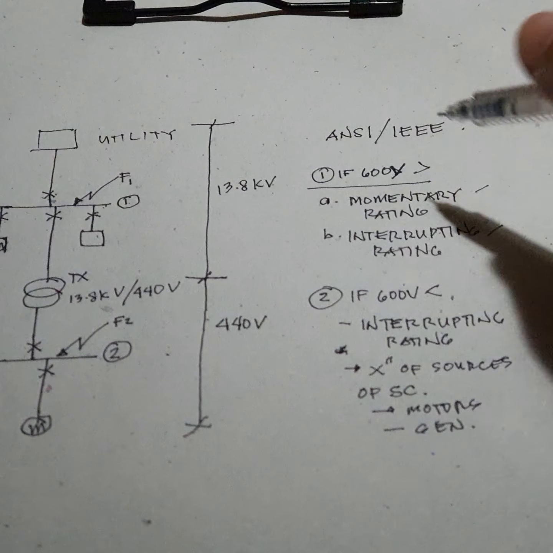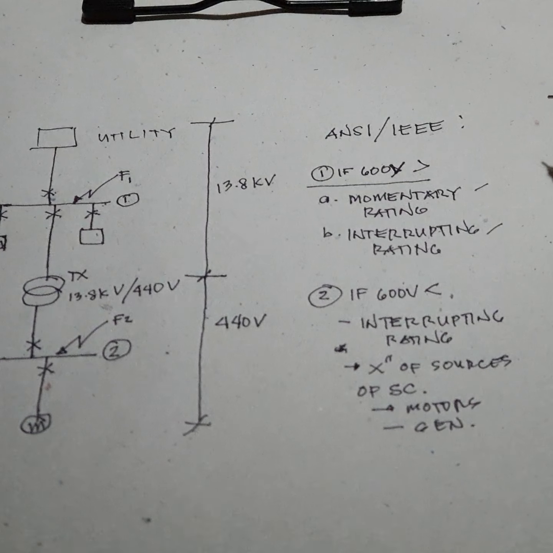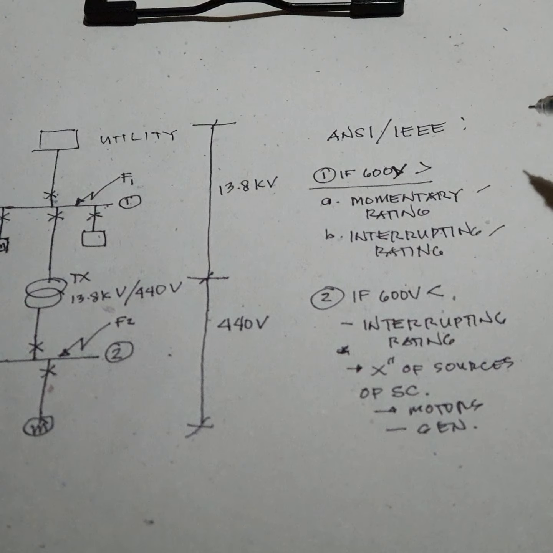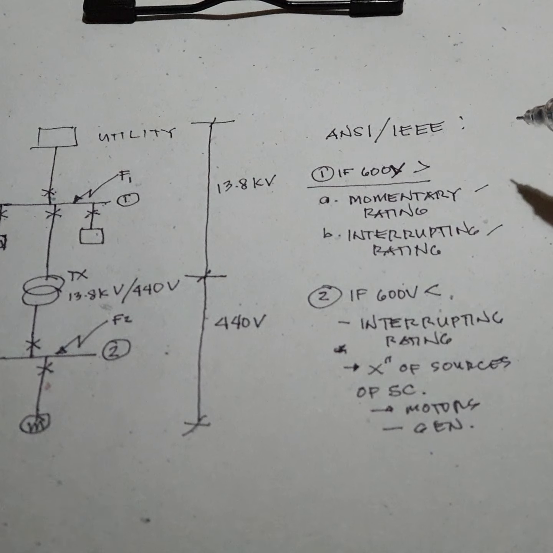So what is momentary? This is the fault current that includes the DC components, meaning the AC components and the DC components are added.